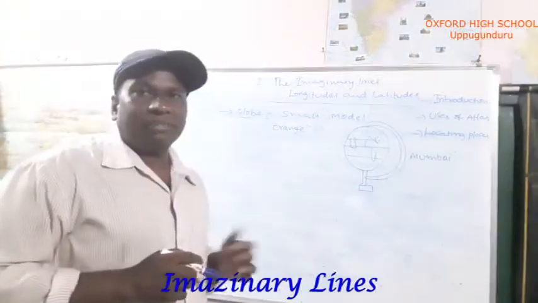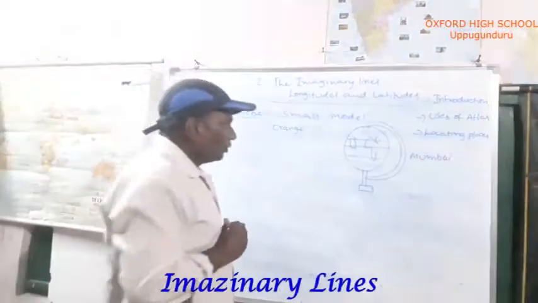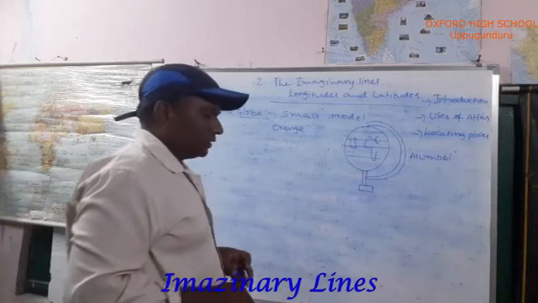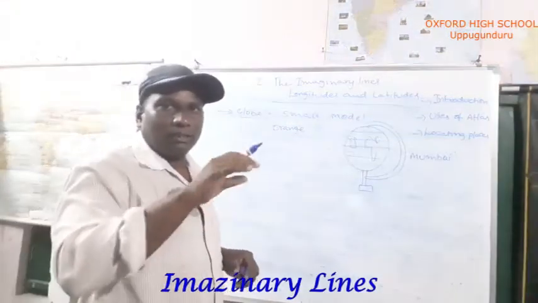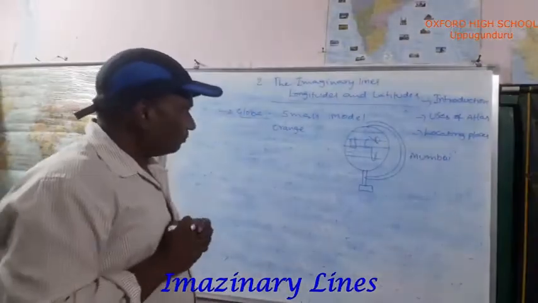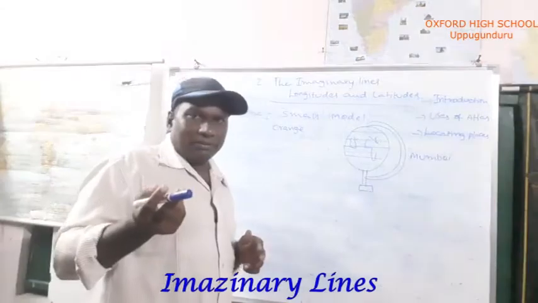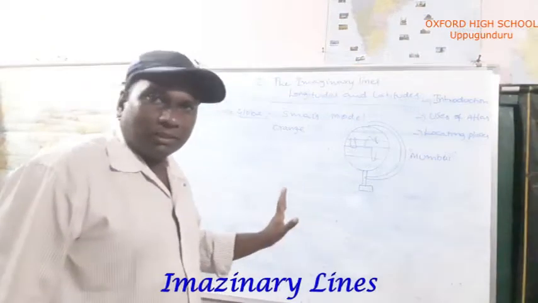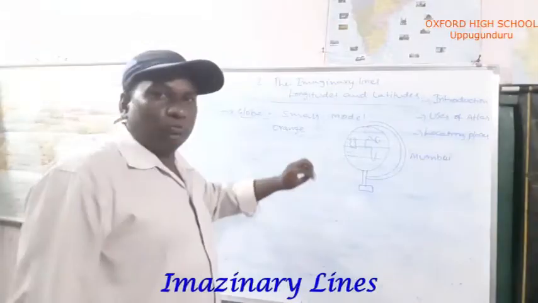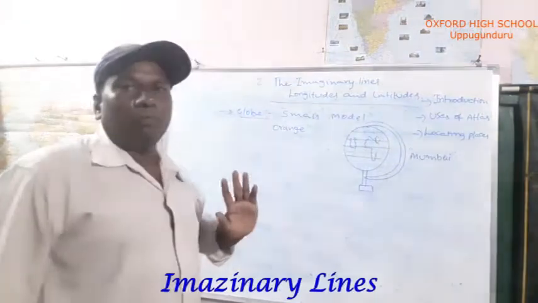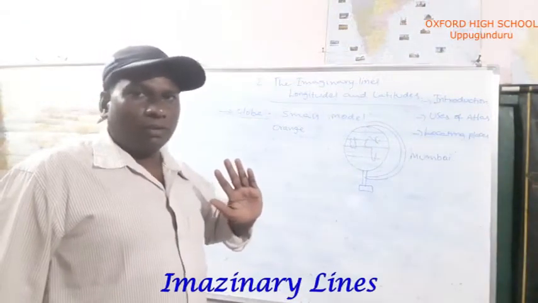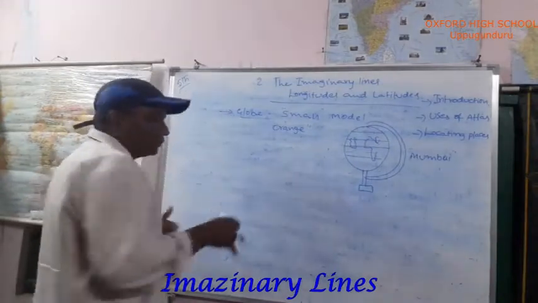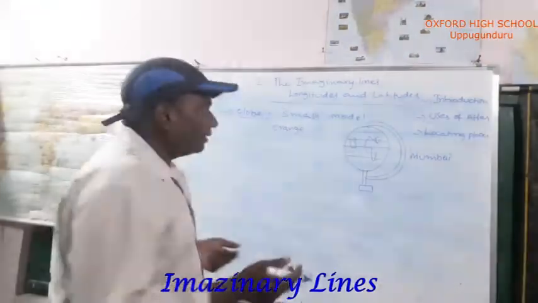It's difficult. On a globe, you may observe vertical lines and horizontal lines. If I ask you to point out Mumbai or any other small location, is it possible to find that location? Not possible. So which one is favorable?